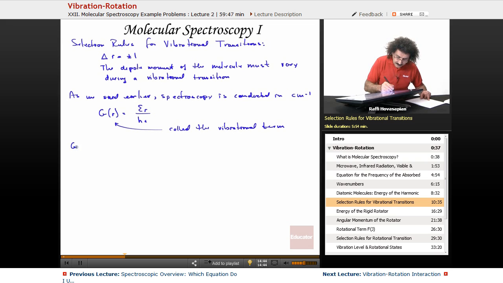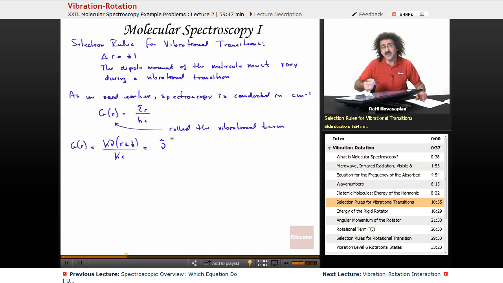So G as a function of v is equal to E of v, which is h nu times v plus 1/2, and we divide it by hc. The h's cancel. What we end up with is nu tilde, the frequency expressed in wave numbers, times v plus 1/2. Everything else is the same. v takes on the values 0, 1, 2, 3, and so on. We're left with nu over c.